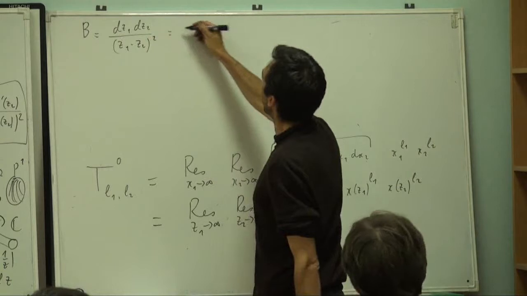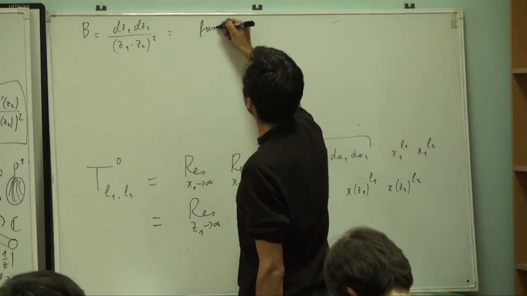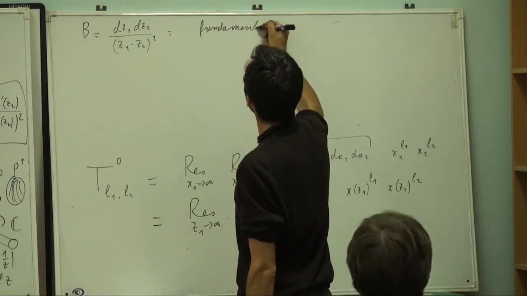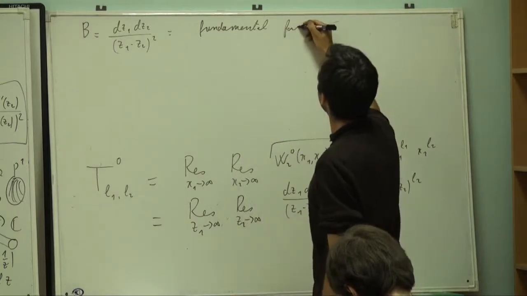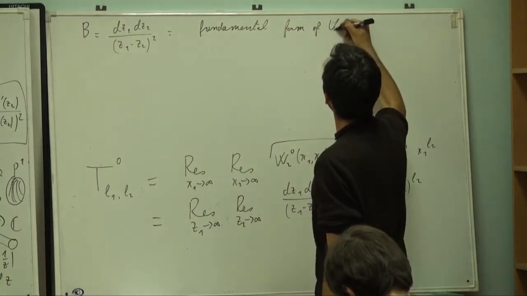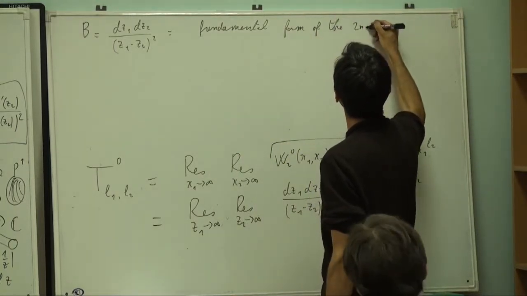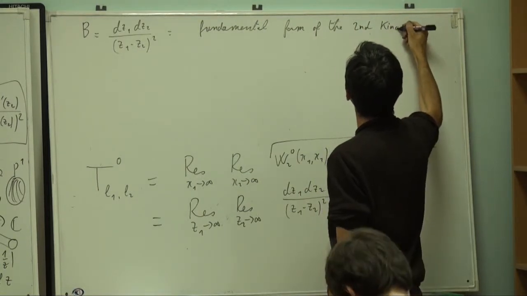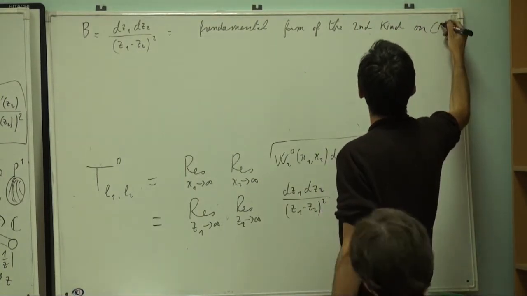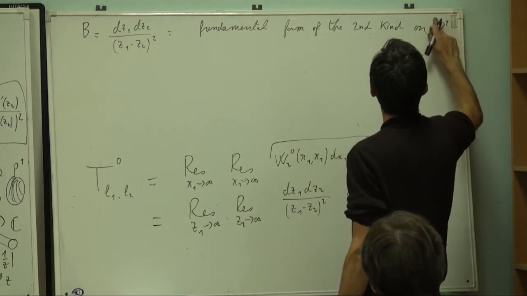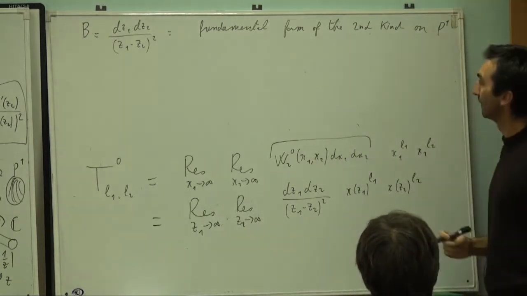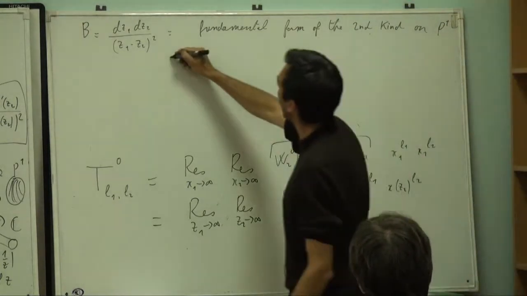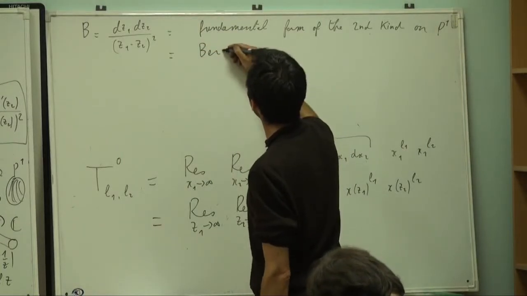Let me say again that this is the fundamental form of the second kind on CP1, on P1, on the Riemann sphere. It's also called the Bergman kernel.